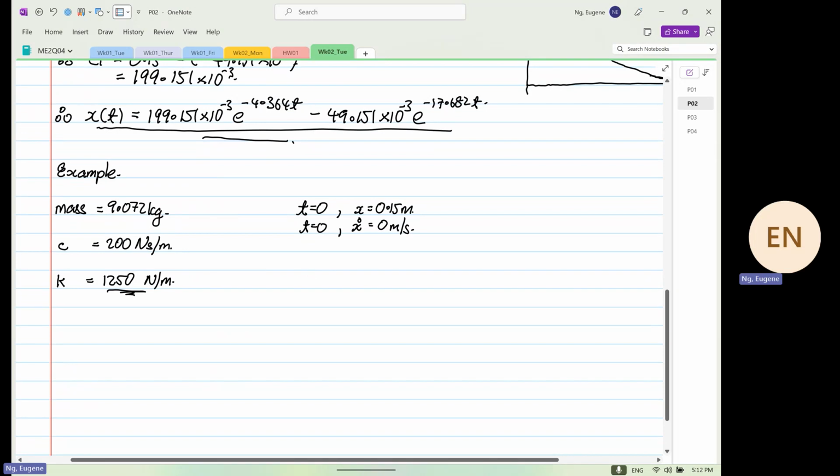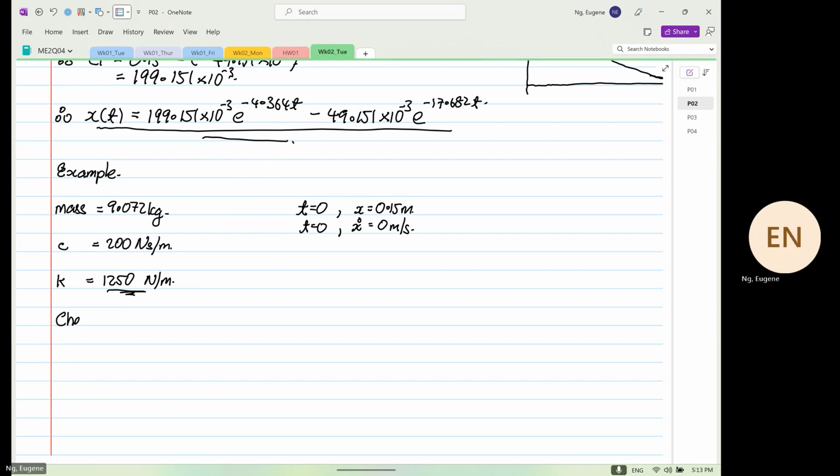Okay. So very quickly to recap, the first thing we have to do is check C squared and 4MK magnitude. We know C squared is equal to 200 squared, which is 40,000. Done. Now the 4MK changes.